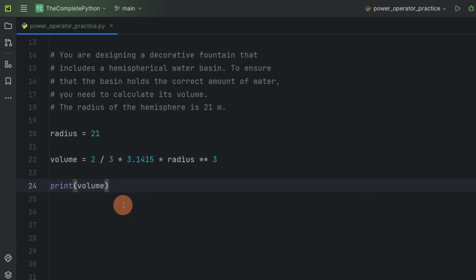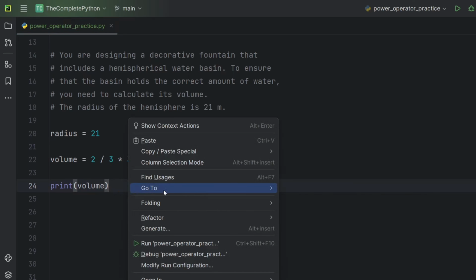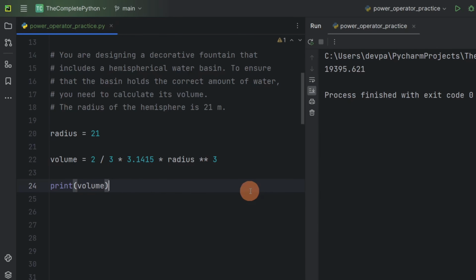Then we are printing the volume of the hemisphere. Now if we run the program, you can see it is displaying the volume of the hemisphere as 19,395.62 meters cube.